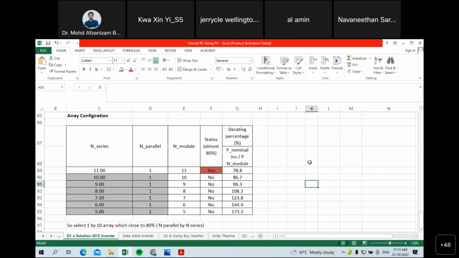So guys, try to calculate the others. Okay, try to calculate the others, then we will see how. Let's say for this part, guys, for that part.